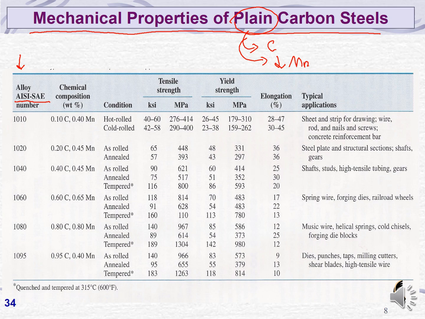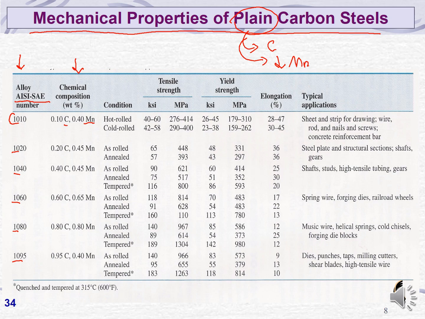All numbers start with 10, for example 1010, which indicates plain carbon steel. This is the chemical composition, where you can see it just consists of carbon and a small percent of manganese.